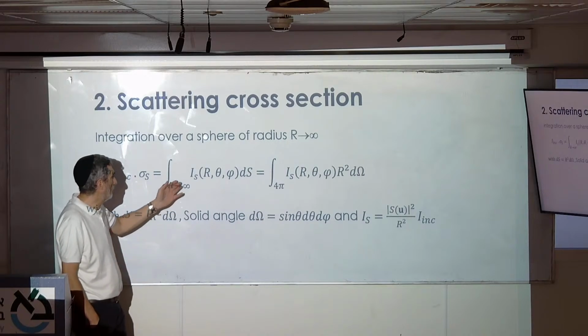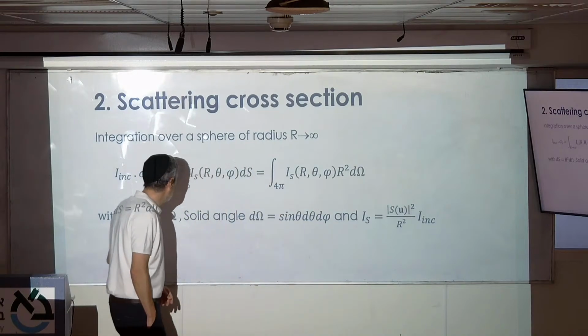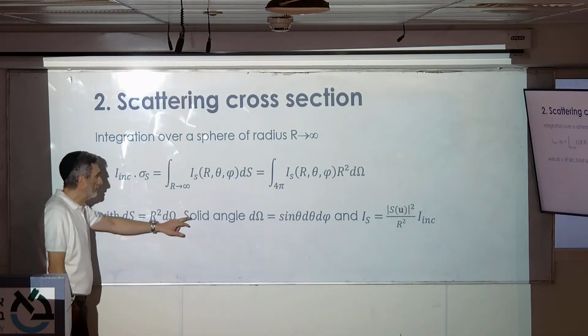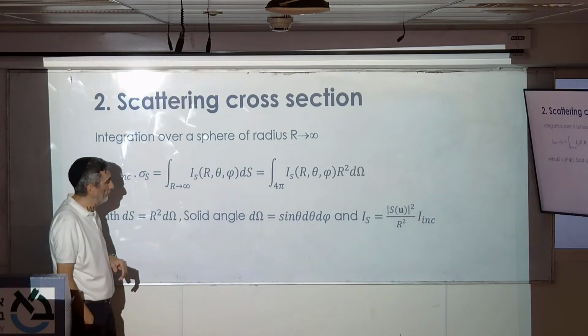If you write it in terms of solid angle, dS is r squared dΩ, where dΩ is the solid angle, which is sine theta dθ dφ.